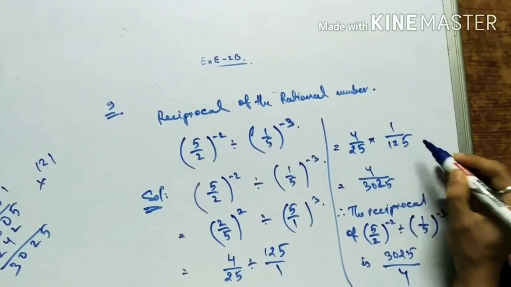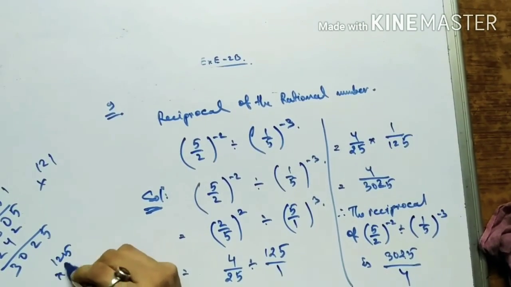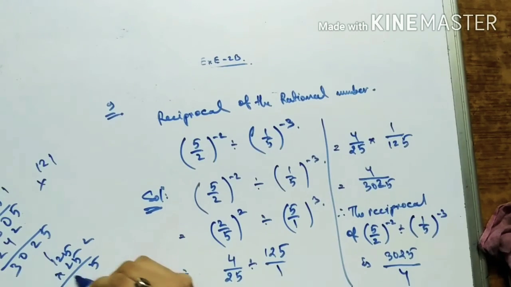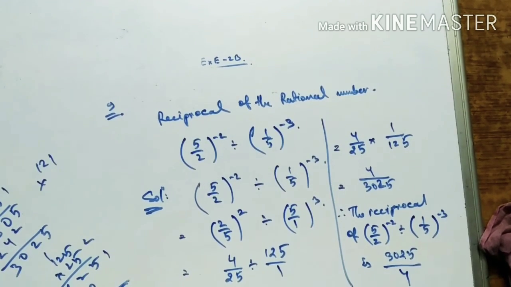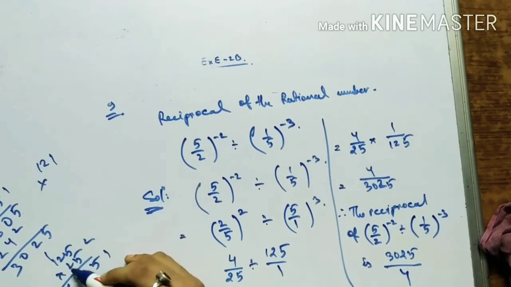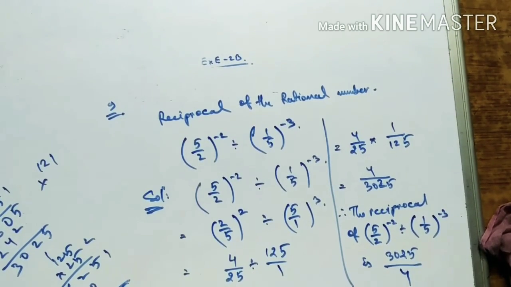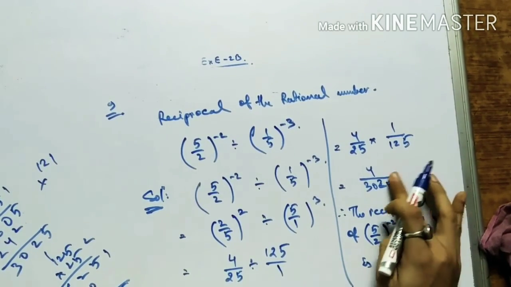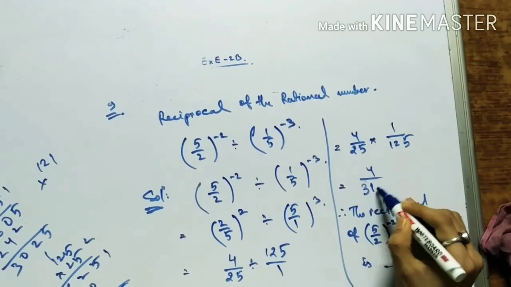So 125 into 25 is 3125. So this one will become 4 by 3125.